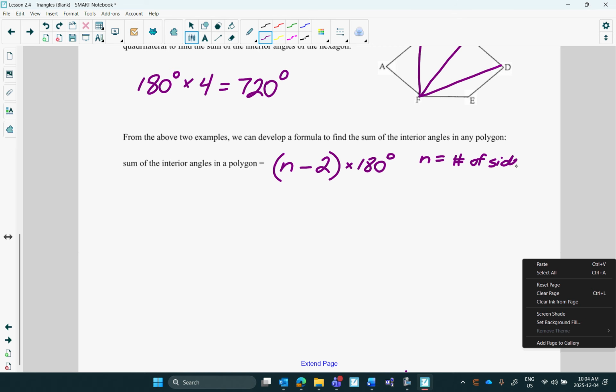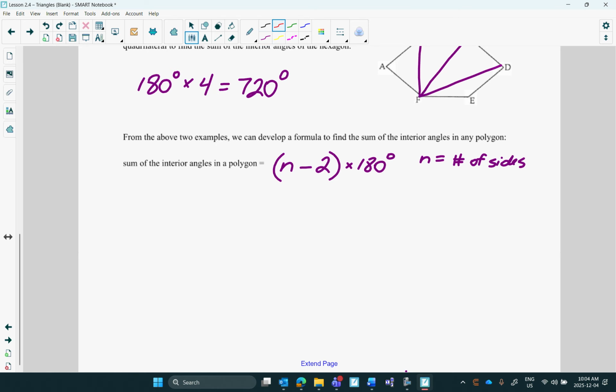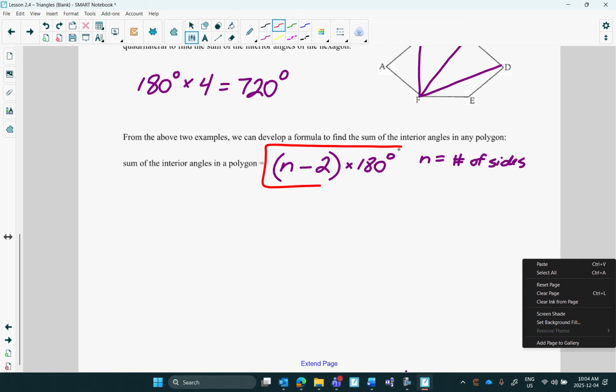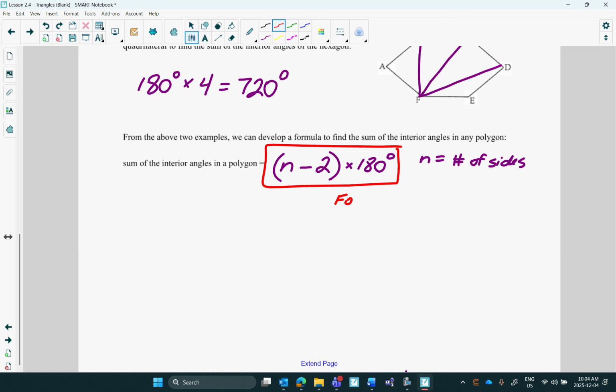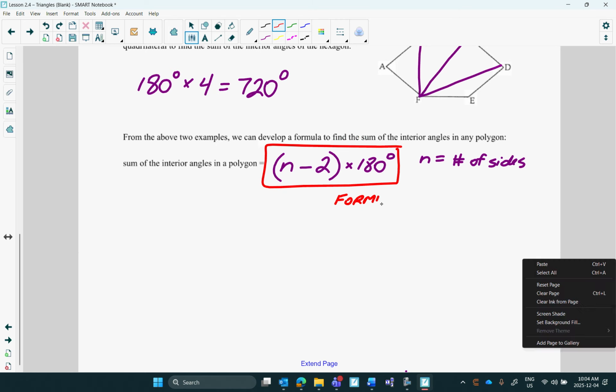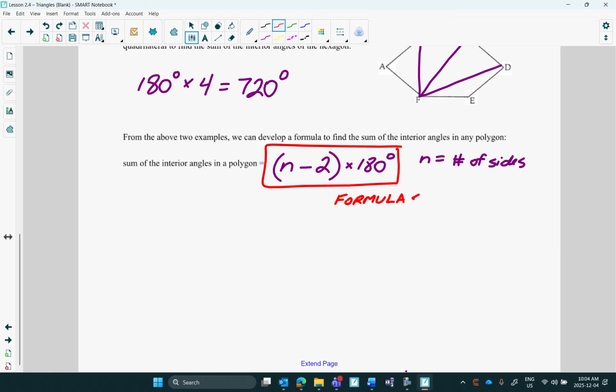This is something you don't have to worry about putting on a reference sheet because you will get this on a formula sheet always. So that formula saves us time instead of having to draw the shape, draw in the minimum number of triangles, and then calculating from there.